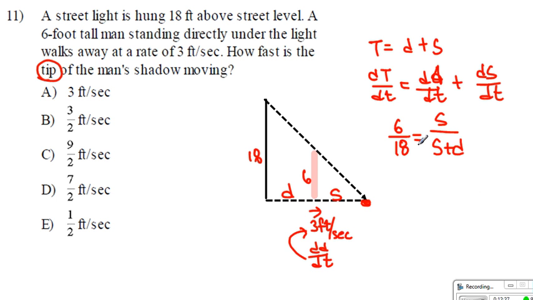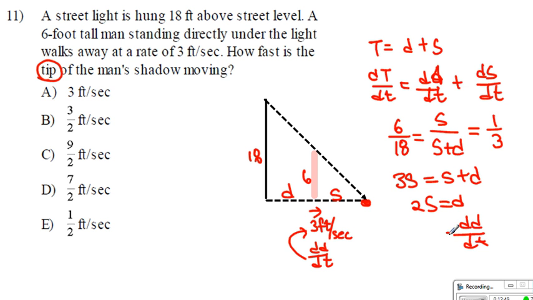When you simplify, that becomes 1/3. Cross multiply, then 3s is equal to s plus d. Hence 2s is equal to d, and when you take the derivative, dd/dt is equal to 2 times ds/dt.